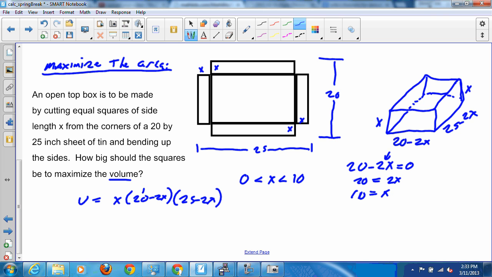So if we FOIL this out and simplify this, we're going to get something that looks like this. I'm going to get 4x to the third power minus 90x squared plus 500x.